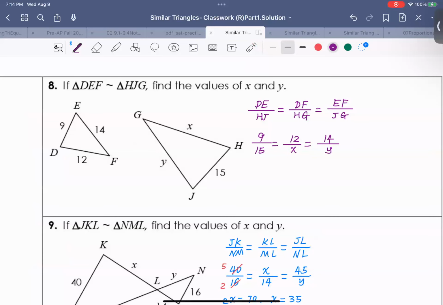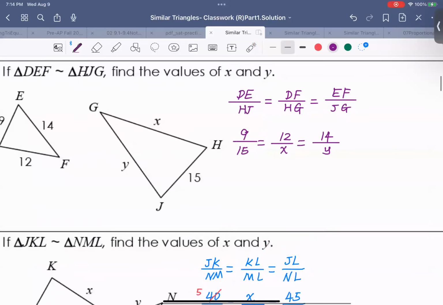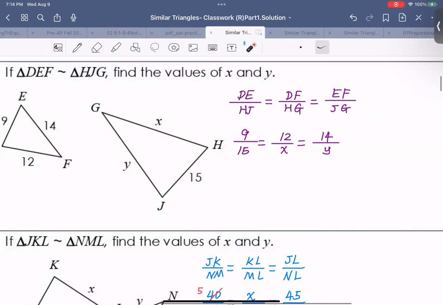All right, very good. And then we notice that this part we can simplify, right? How do we simplify this? You can divide it by 3, which becomes 3 over 5. So you simplify here.